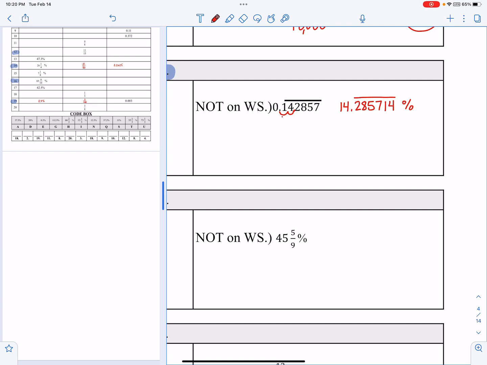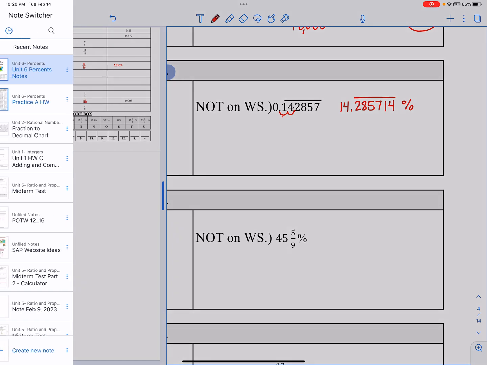Now, as a fraction, we're taking this initial number and the decimal turns into a fraction just by reading it. Well, I don't really want to write 142857 and then whatever that is, tenths, hundredths, thousandths, 10,000s, 100,000s, and so on. So let's just take a look.